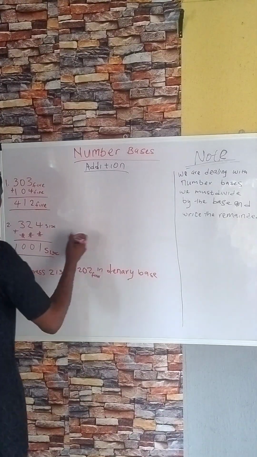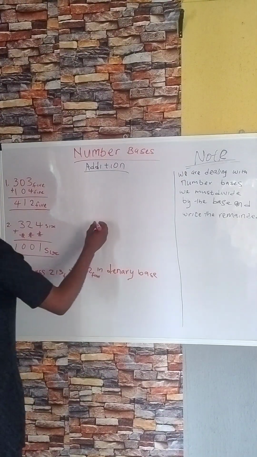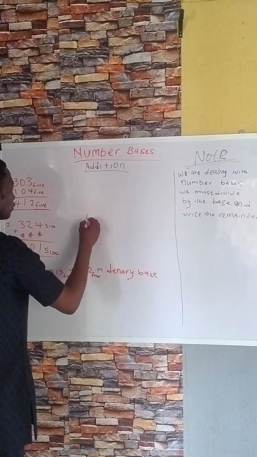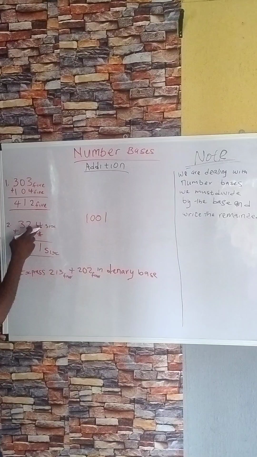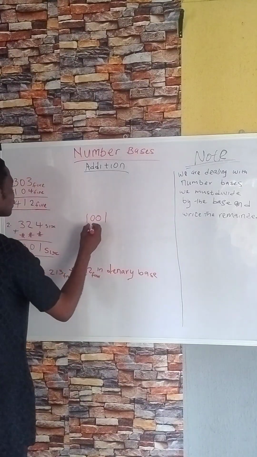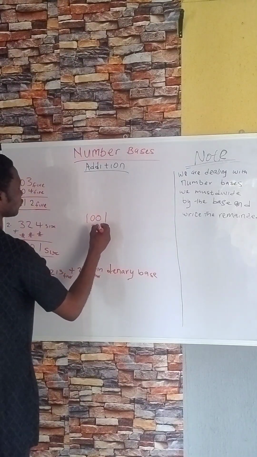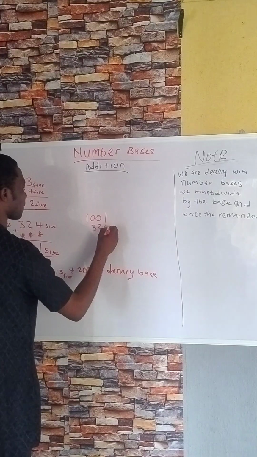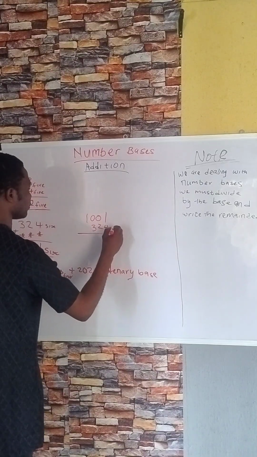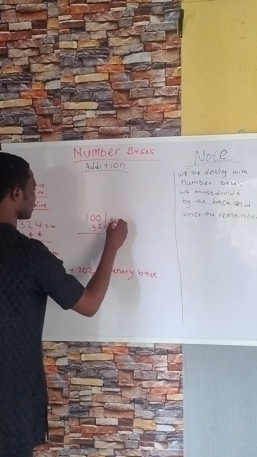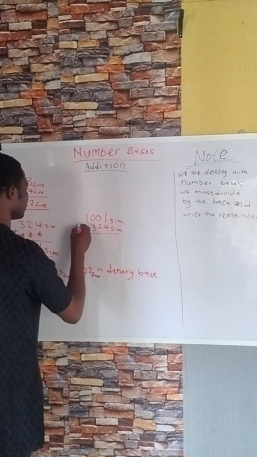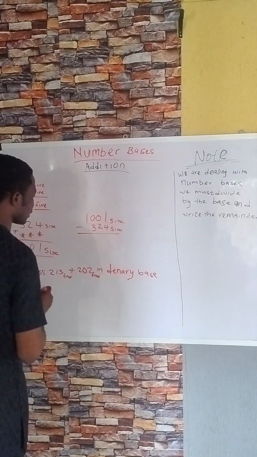What I will do is bring the answer here, 1001, and subtract the given number from it, 324. I believe this is in base 6 as well. So it will be a subtraction case.